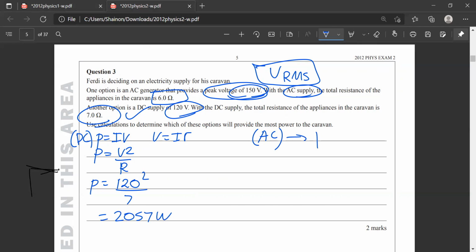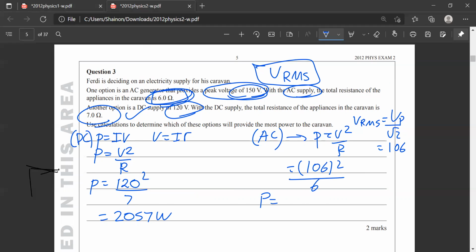Using this one, using the same formula, P equals V squared over R, except VRMS equals VP over root 2, which is equal to 106. So then 106 squared over resistance 6 equals 1872.67.